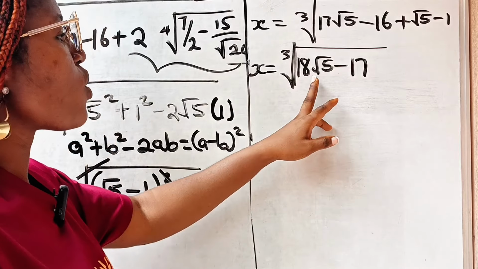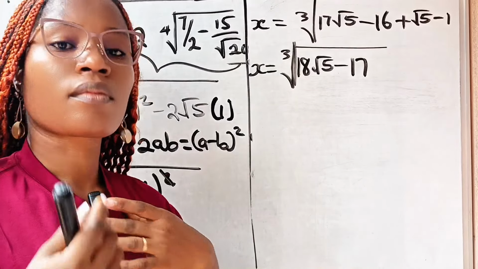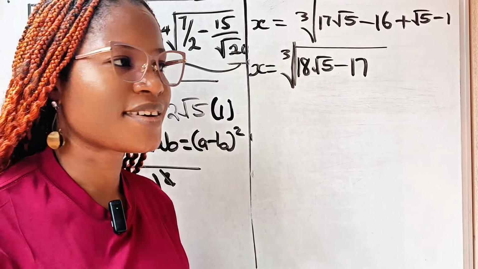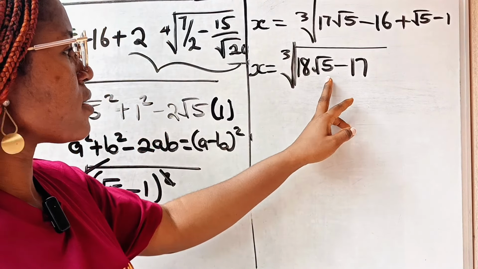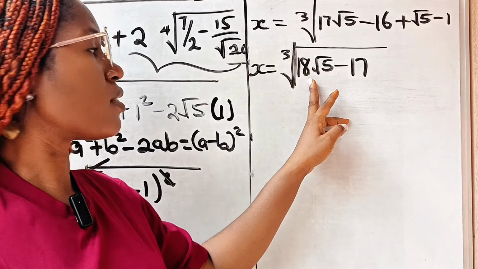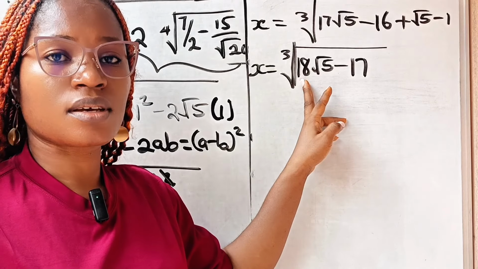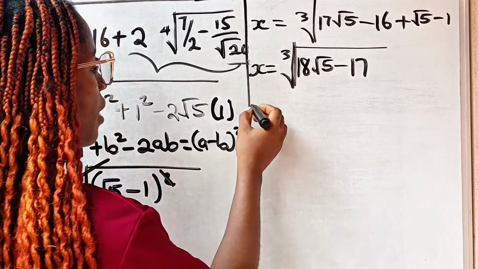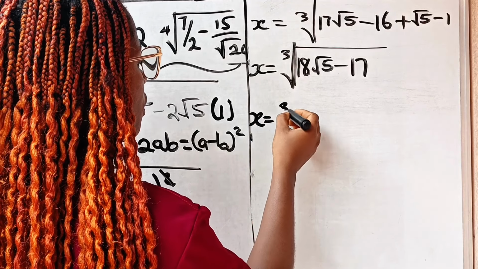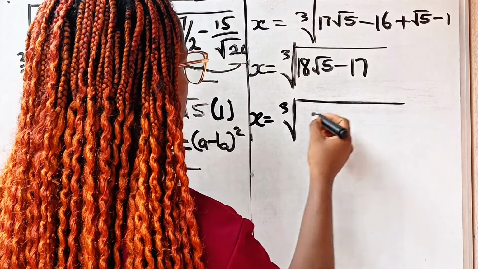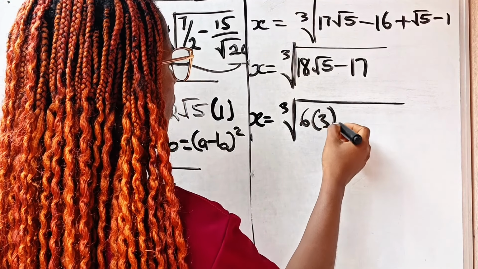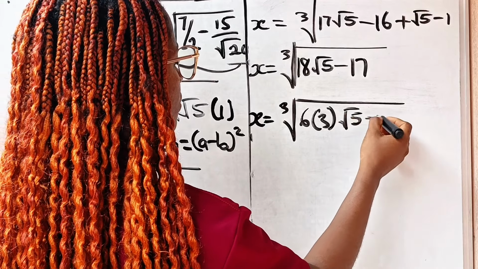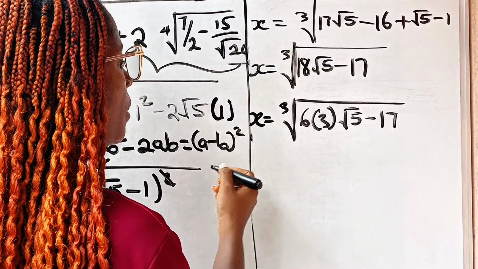All right. But we cannot stop here. Sorry, my mic tripped off. So we can see that we can still simplify this further. 18 means 6 multiplied by 3. So we have x is equal to the cube root of 6 multiplied by 3 root 5 minus 17.